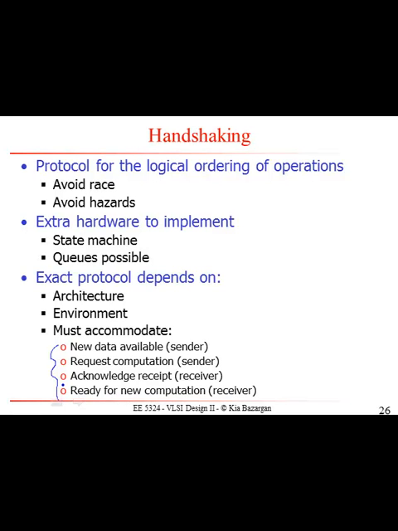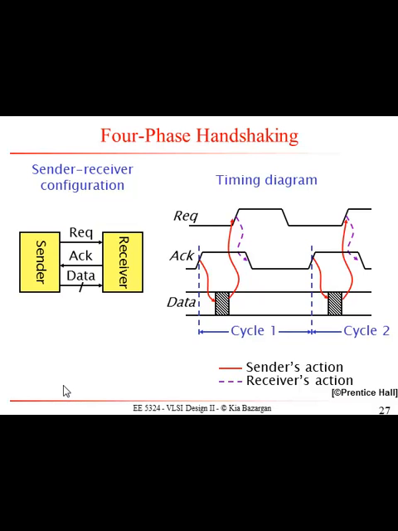It could say, I request that you do computation on it. Now these two could potentially become one signal. Then your receiver has to acknowledge the receipt of the data, and also it has to say, I'm ready for new computation, send the data so that I can fetch it. Again, these two operations could potentially be combined into one.